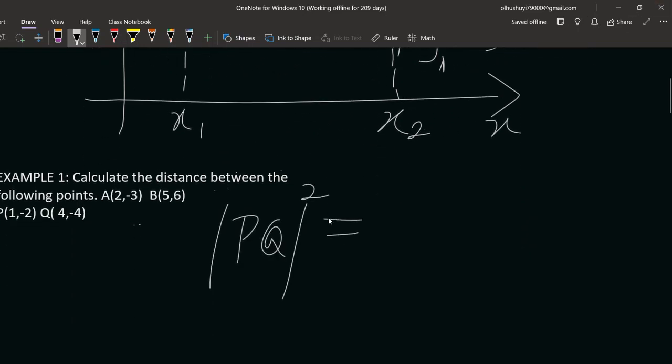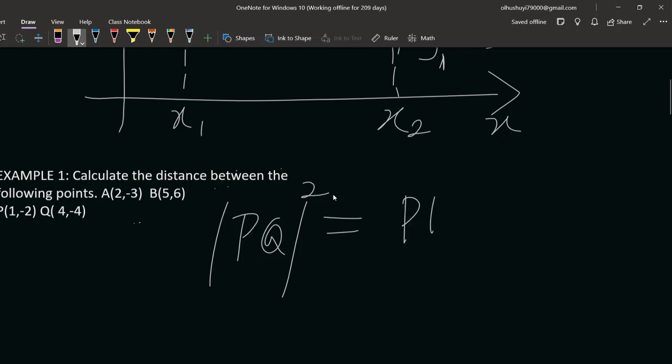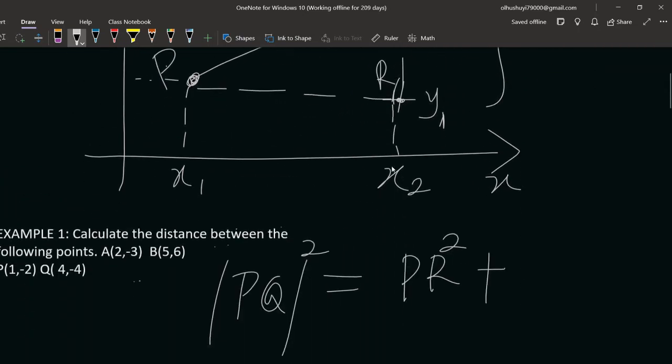So we have PR all squared, plus QR all squared. What's our PR?